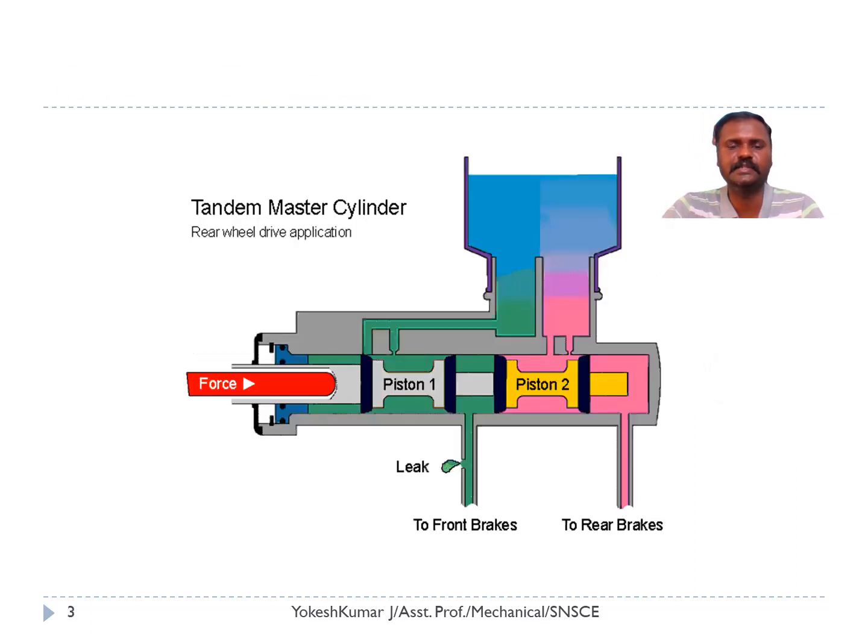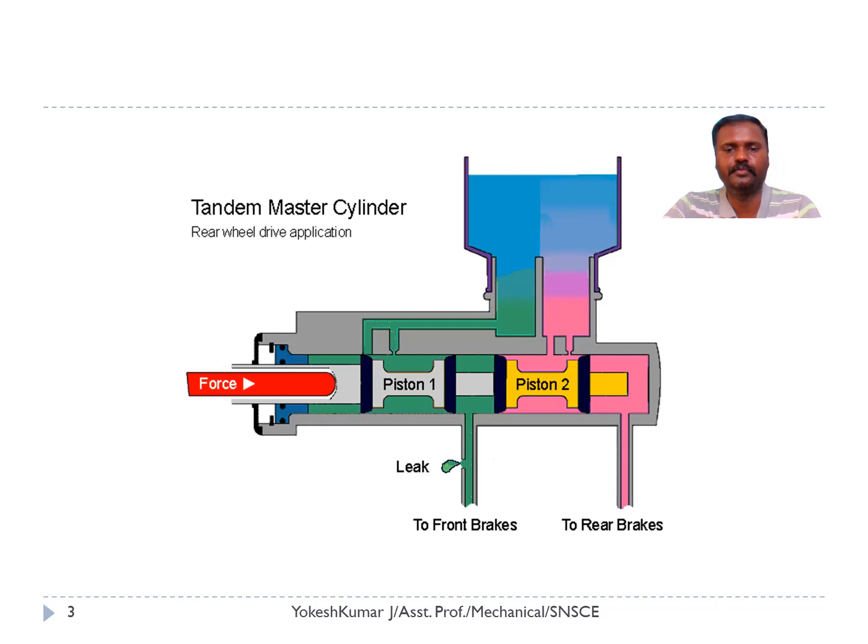Regarding the application of this cylinder, the tandem cylinder is used in hydraulic brakes for heavy vehicles and cars. Here, this is called a tandem master cylinder setup, and this is the container where we store the oil under atmospheric pressure, and we have pipelines for fluid flow to the piston.